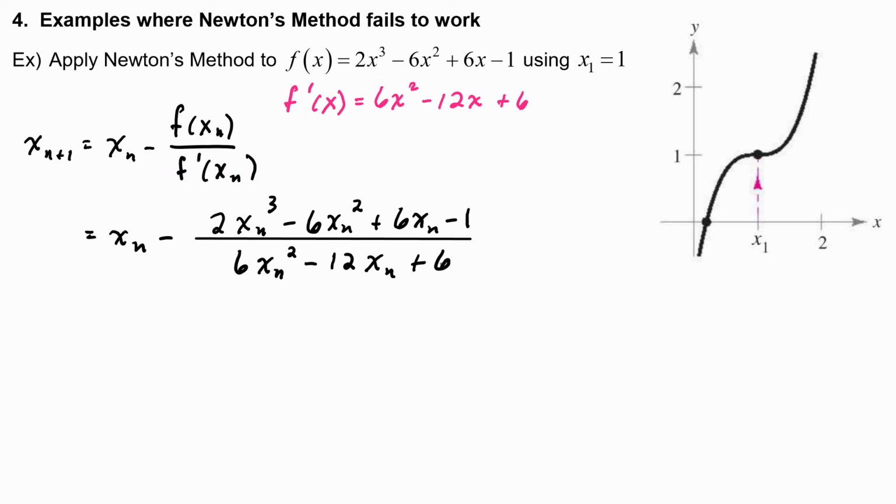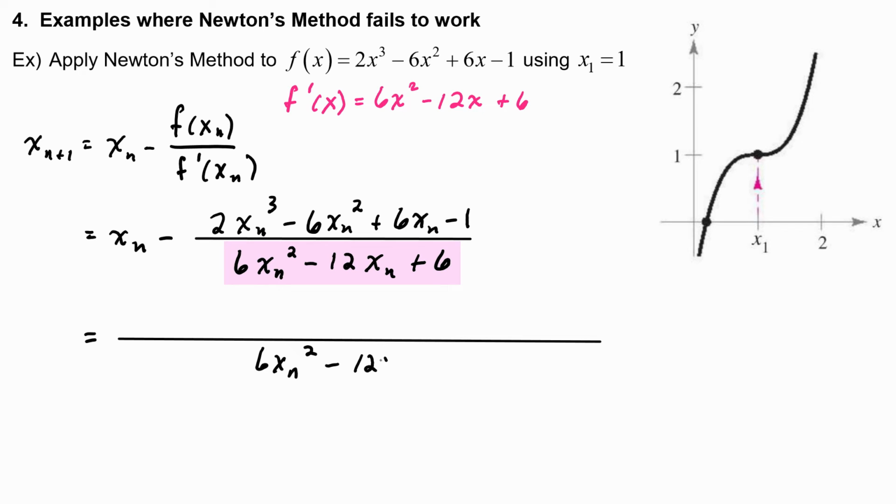To simplify, we will need to get a common denominator. Now we know that denominator is going to be the only denominator we have. So 6xn squared minus 12xn plus 6. We know that we will have to multiply this first term times 1 in the form of this denominator over itself.